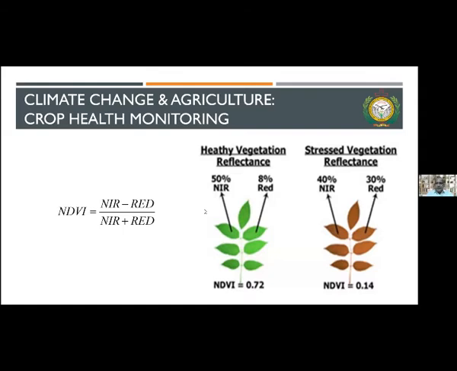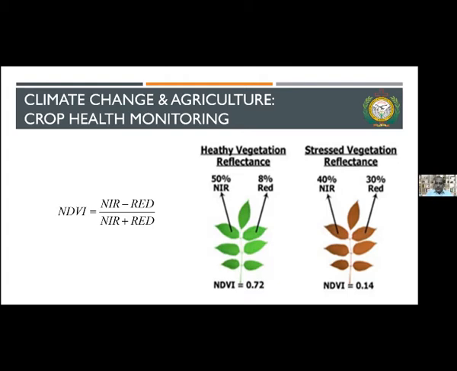As you can see in this picture, a healthy crop or healthy vegetation has an NDVI of around 0.7, and unhealthy or drying vegetation, whose leaves are brown or whose chlorophyll amount has decreased, has a very low NDVI value.